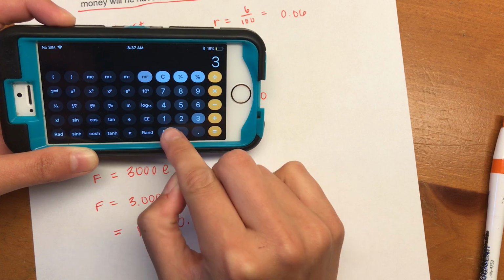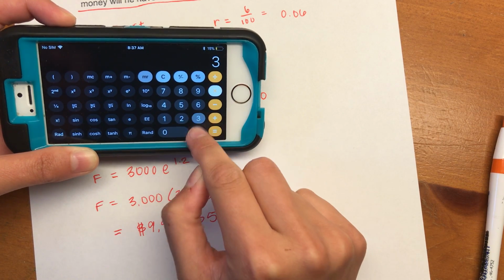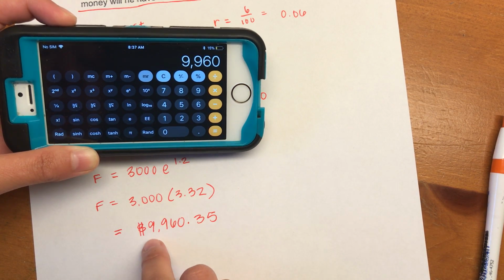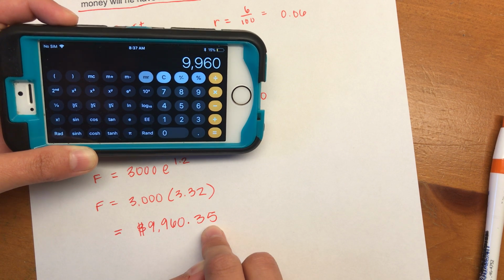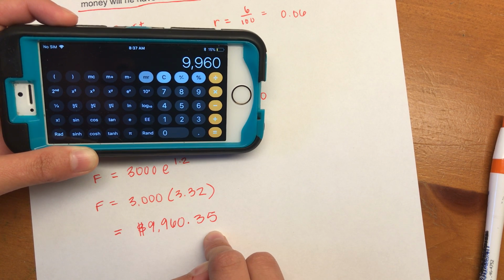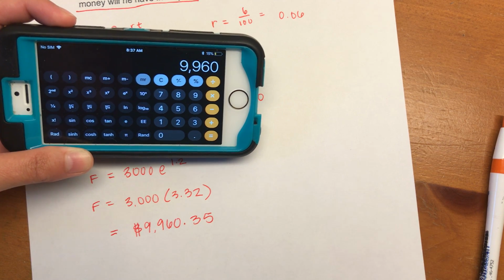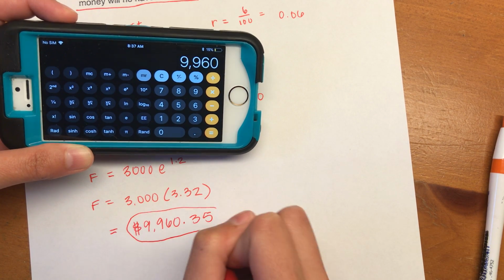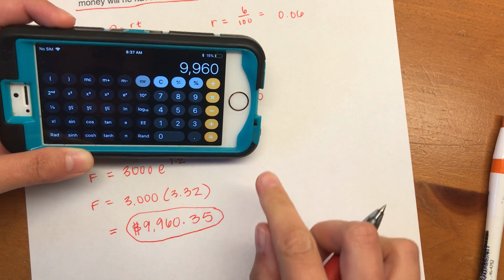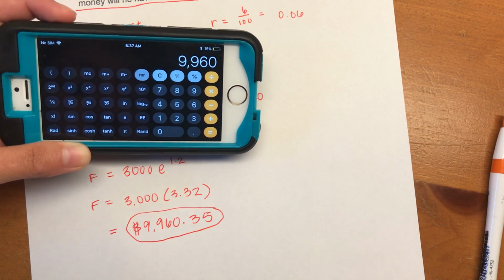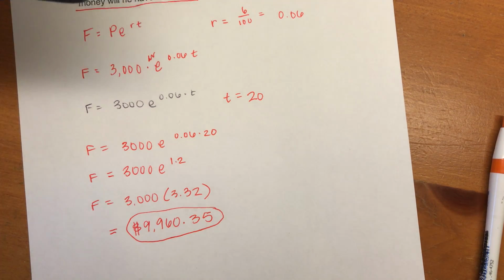Like we did in the last lesson, 3,000 times 3.32. If we did that, we would just get 9,960, and we would be missing the cents, right? So this is our most precise answer. But if you aren't able to put everything in your calculator, I'll still mark your answer as correct.